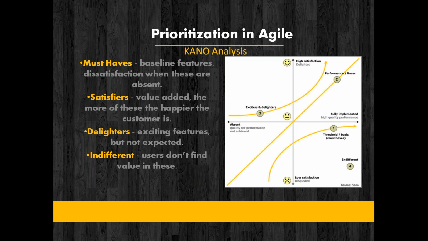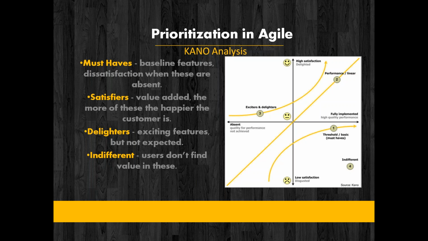And indifferent are the very least important requirements. The team puts them at the very bottom of the product backlog, so the users don't find any value in these. So these are the ways how the product owner prioritizes the requirements in the product backlog based on these 4 criteria.